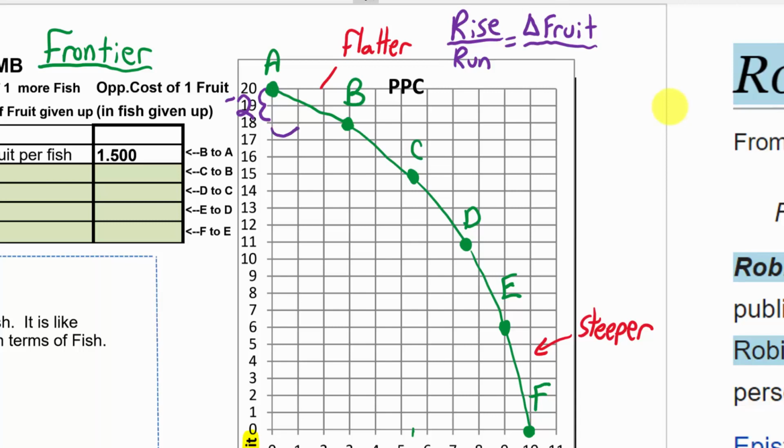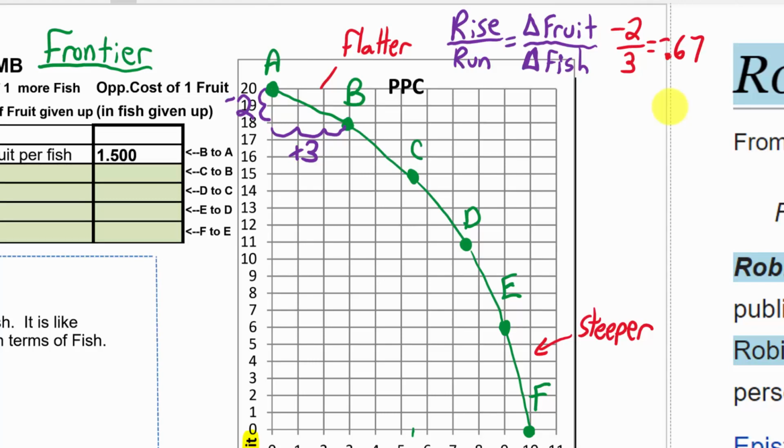We're going over 1, 2, 3. Well, that's the change in how many fish we're getting. So change in fish. So Greek letter delta, triangle, just means change in. So we're going down 2, losing 2 fruit. We're going over 3. And so the slope between point A and B is going to be minus 2 over 3, or minus 2/3. Or we could write that as minus 0.666667, or kind of round that off if we want to.